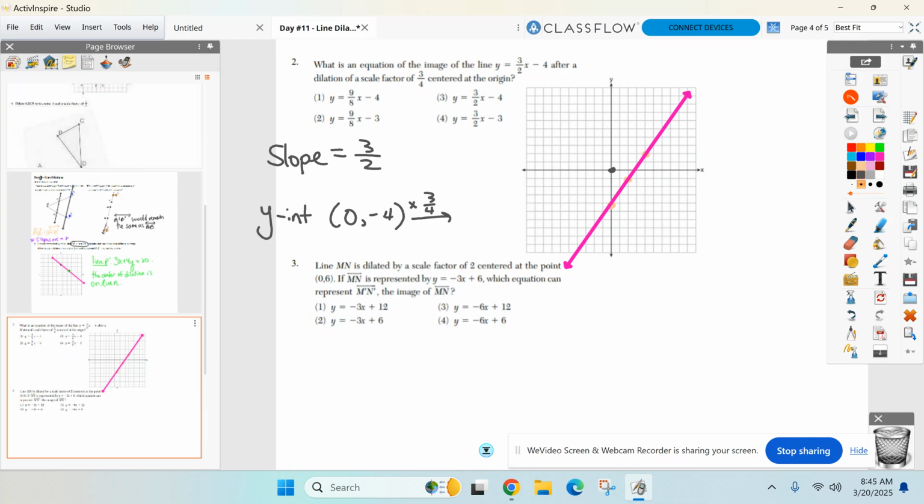So I take the old y-intercept, 0, -4, and I multiply by the scale factor. And that brings me to my new y-intercept. I'll let you guys do your quick multiplication there.